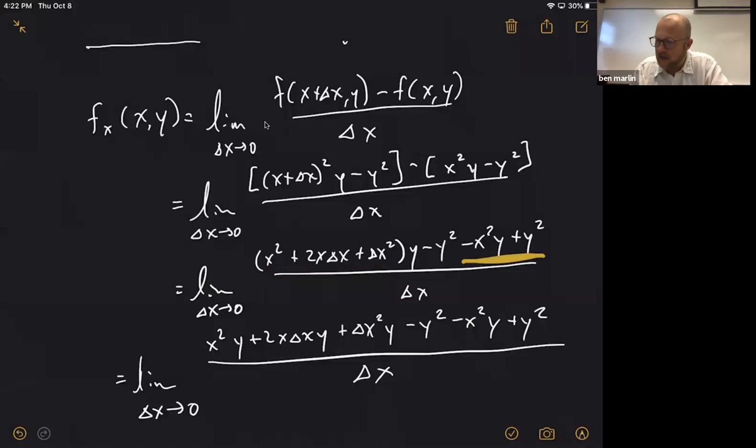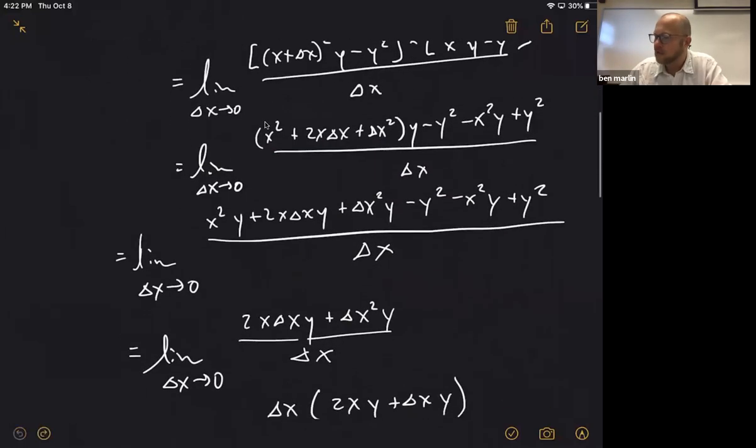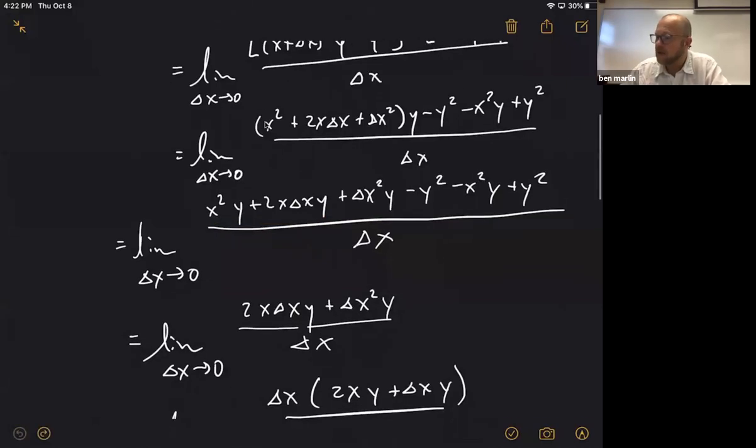Not distributing your minus is the most common error for people to make, okay? So once I did that, then I went ahead and distributed that y out here. And then I tried to simplify. If you notice, I have an x squared y and a minus x squared y. I have a minus y squared and I have a plus y squared. So you just cancel them out and you're left with this piece down here that says 2x delta x y plus delta x squared y, okay?